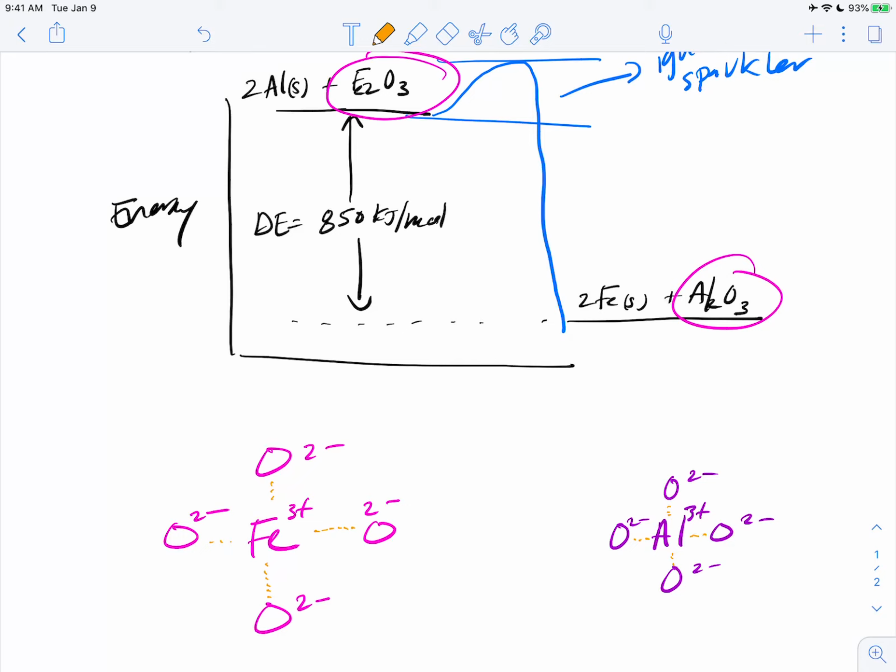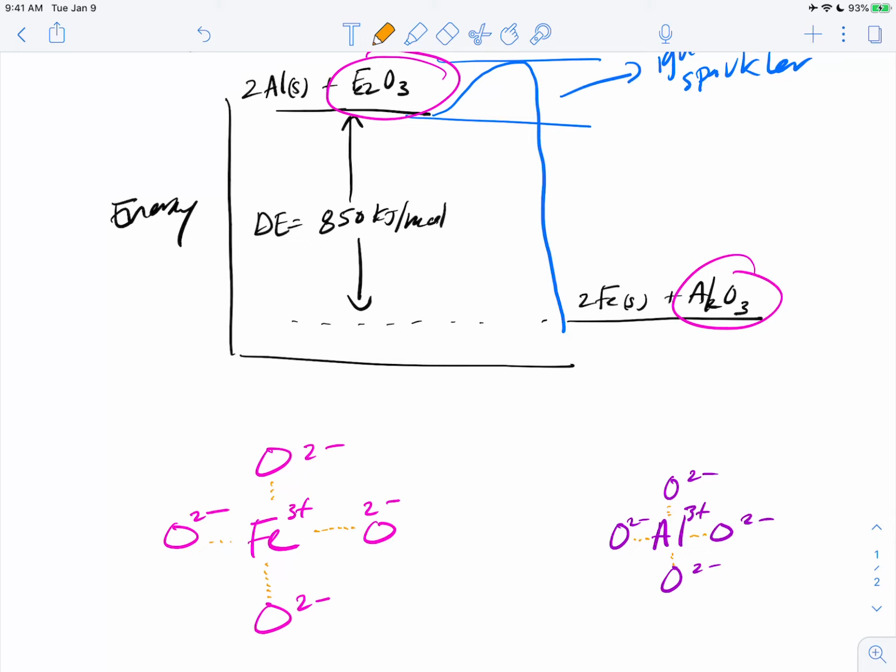And the closer the charges get together, the stronger their interactions. And so because the oxygen can get closer to the aluminum, we see this major energy release. So again, more and stronger interactions provide lower energy, and that additional energy is released in the form of thermal energy.